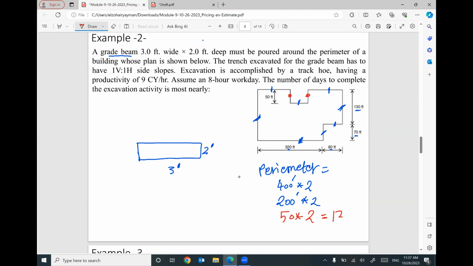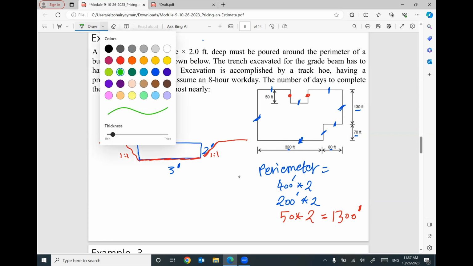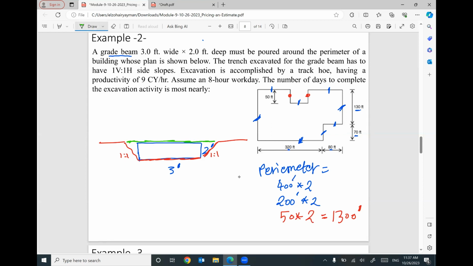equal 1,300 feet. I would like to excavate the soil with a slope 1:1 to construct this grade beam. So I would like to excavate this cross-section area.